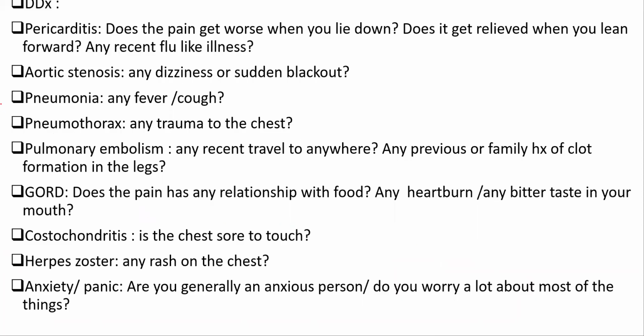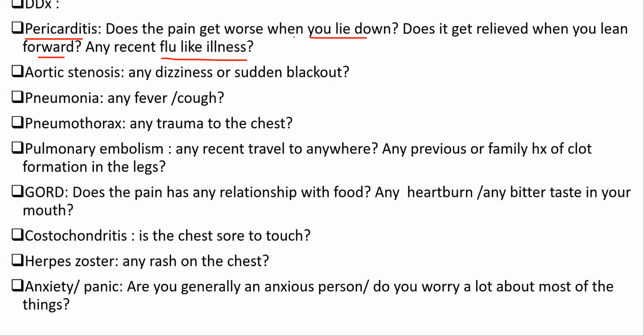After that, all the DDs. So starting with pericarditis, does the pain get worse when you lie down? Does it get better when you lean forward? Any recent flu-like illness? Pericarditis classic. So sharp, stabbing chest pain, and pain can be retrosternal, can be left-sided.